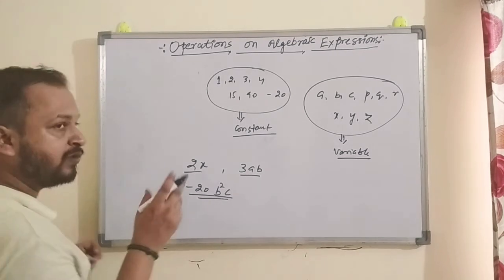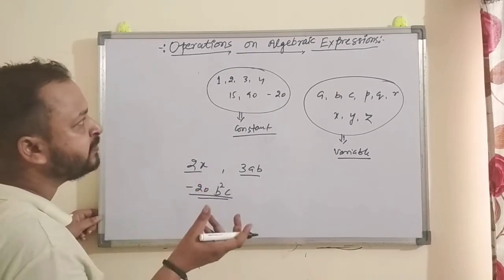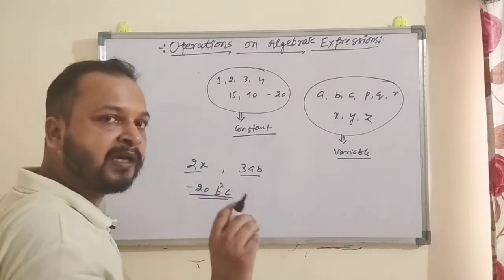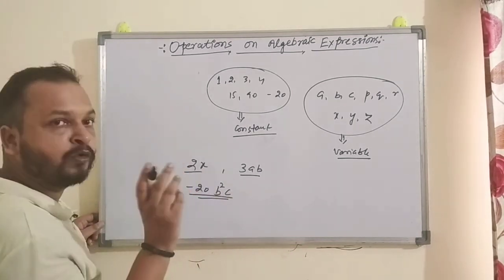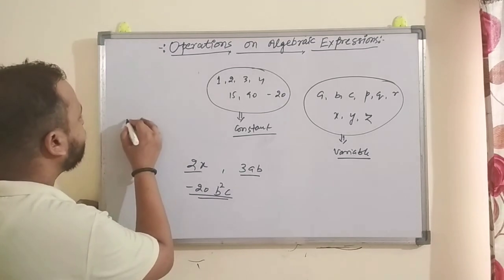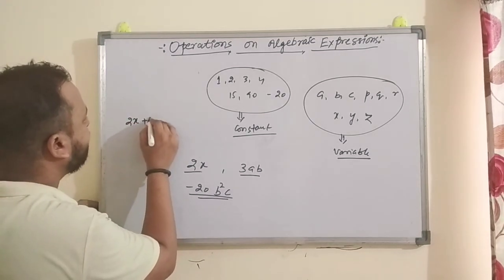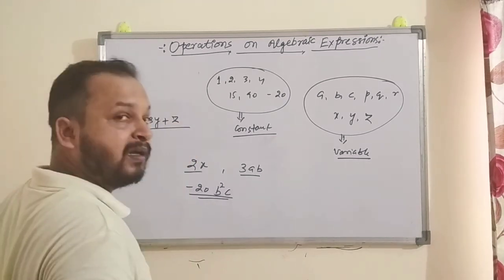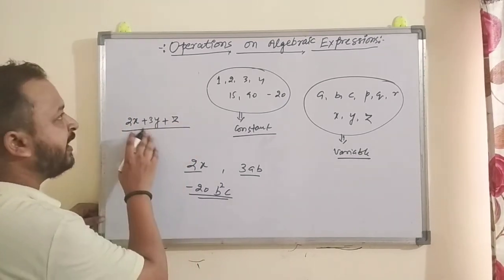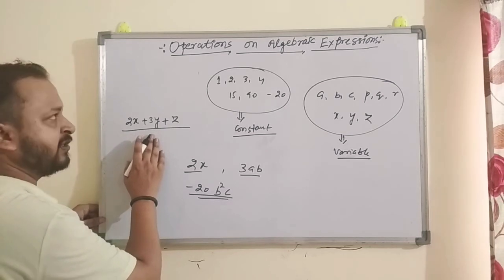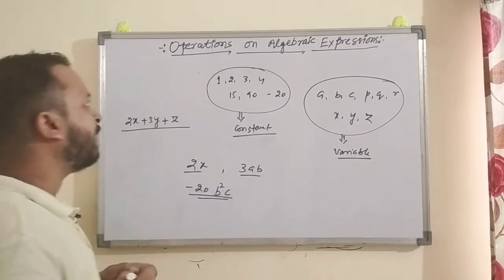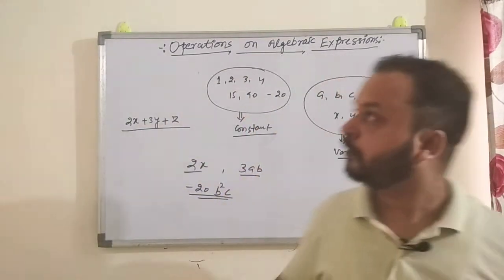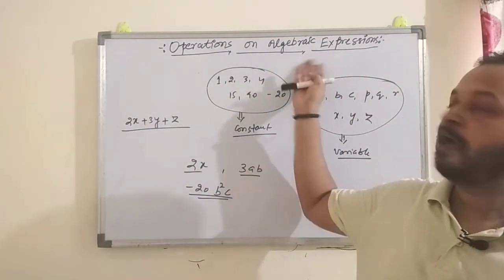And if we write 2 or 3 terms by applying the mathematical operations, meaning addition and subtraction, they are known as expressions. Suppose this is written as 2x plus 3y plus z, so they are algebraic expressions. Now we are going to apply the mathematical operations to algebraic expressions.